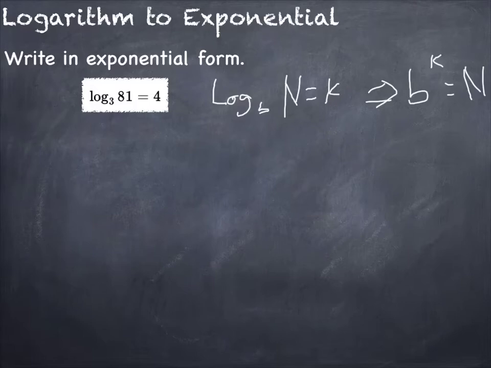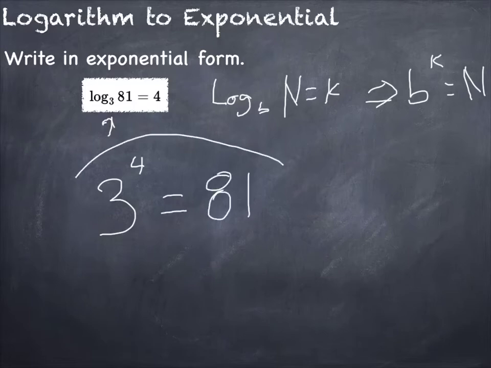So here my base is 3, so there's my base. That means I've got 3, 4 is my k, 3 to the 4th power equals my n value, 81. That's it written in exponential form. Rewriting is just a matter of identifying what your parts are and plugging them into the right form.